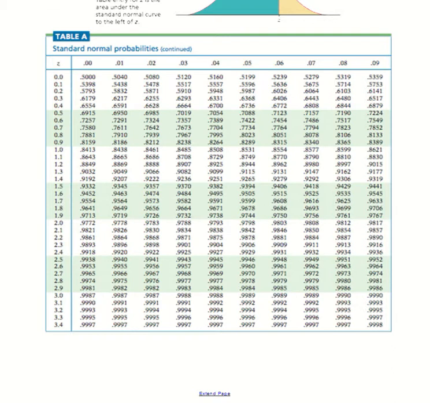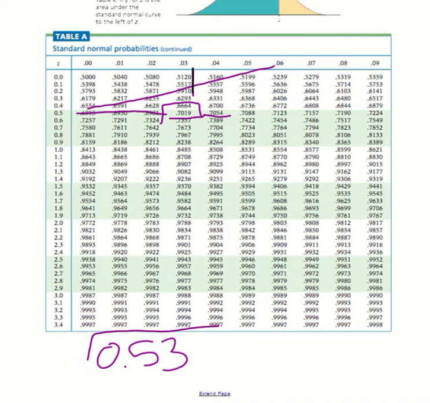We're looking for 0.700, and these all seem to be 0.6. Here's a 0.7019, 0.7054. This looks to be our closest one, so we go out to the edges. That gives us 0.5. We can go up, 0.53 would be our z-score.